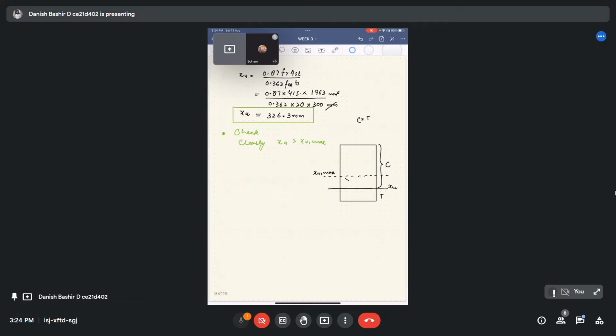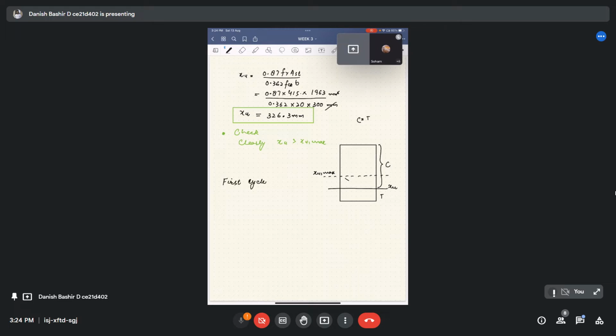So we will use first cycle of iteration. In first cycle, we will make assumption first.